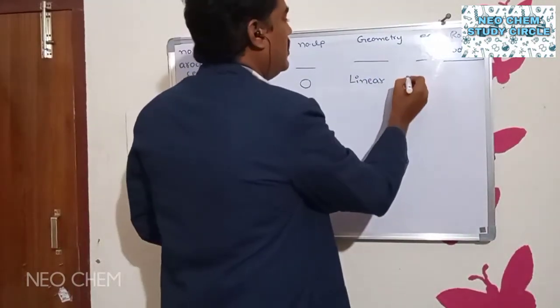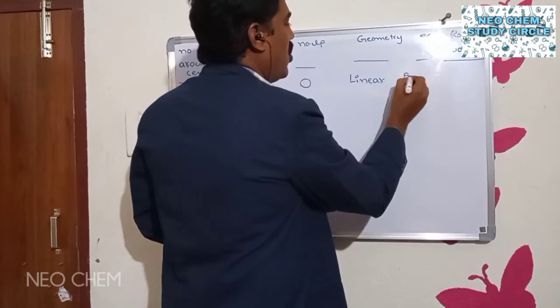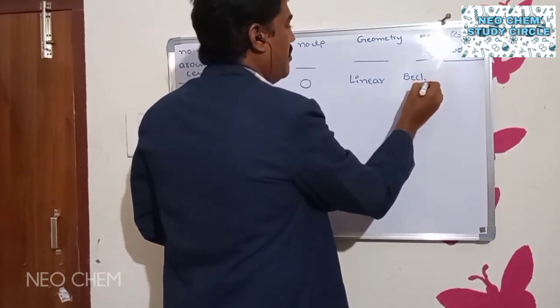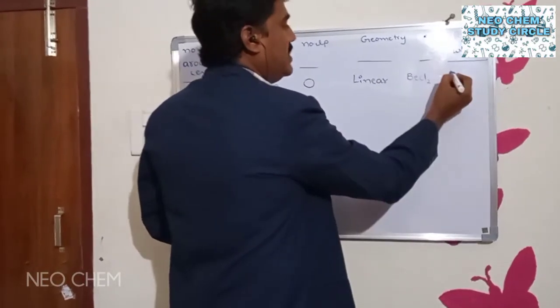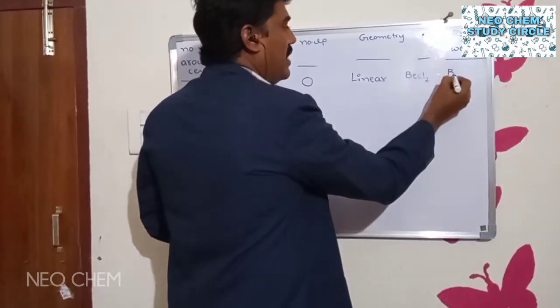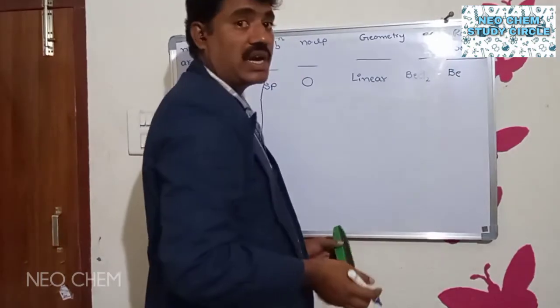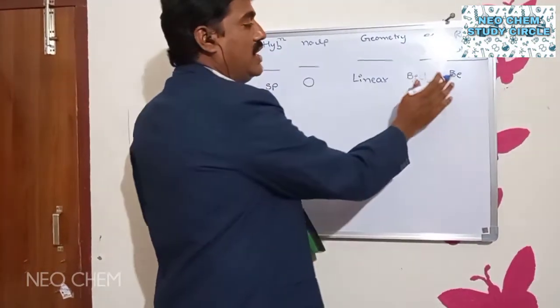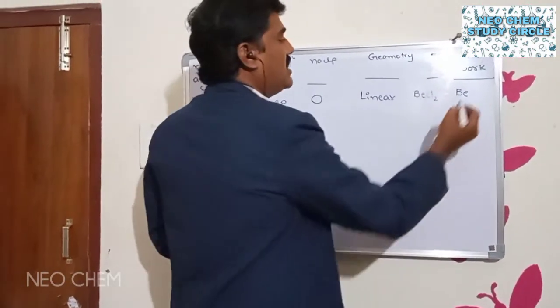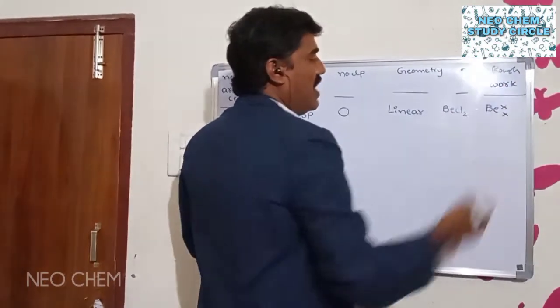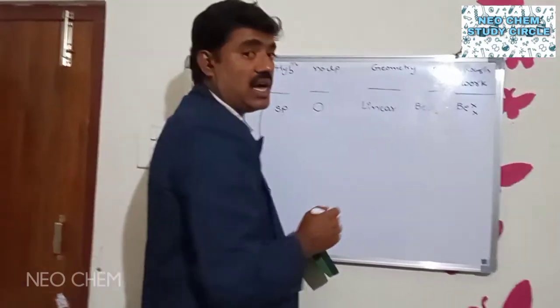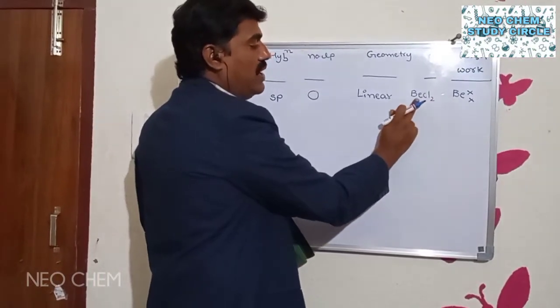For example, beryllium chloride. In this molecule, central atom is beryllium. Beryllium belongs to second A group. So it should have two valency electrons, like this. Next, there are two chloro groups with beryllium.